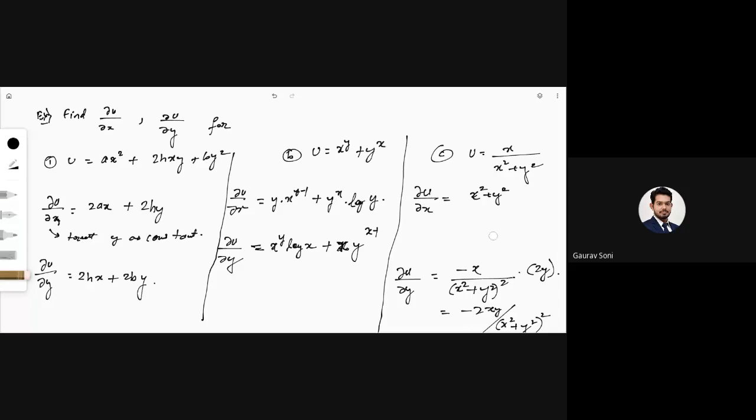Don't tell me this. Tell me the final answer. So y² − x² upon (x² + y²) whole square. Just a minute, Mohit. Tell me now. Yes, Mohit. Sir, y² − x² divided by (x² + y²) whole square. Okay. Hopefully it is right.